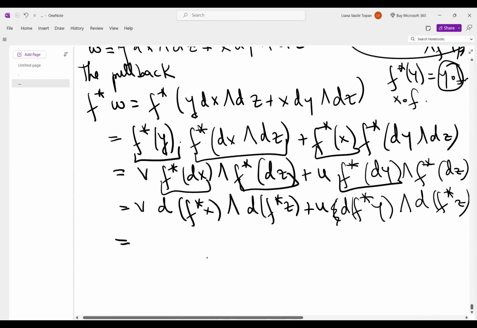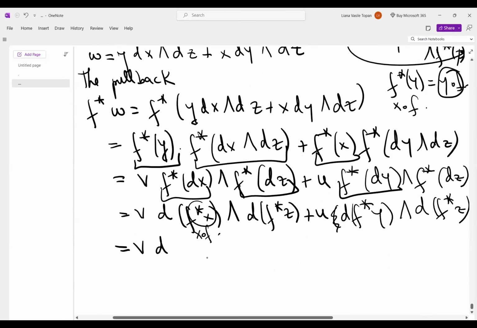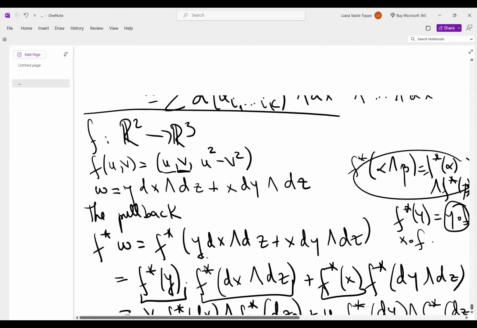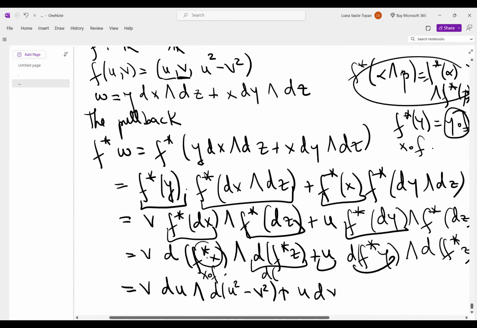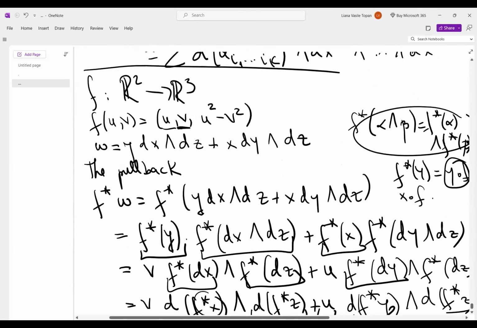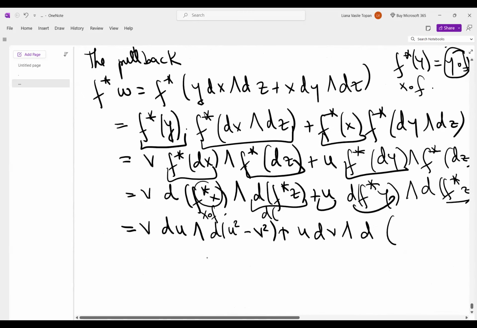Now f star of x is x of f, which is u, so the differential of u, wedge the differential of z, which is u squared minus v squared, plus u times the differential of y, which is v, dv, wedge d of u squared minus v squared.